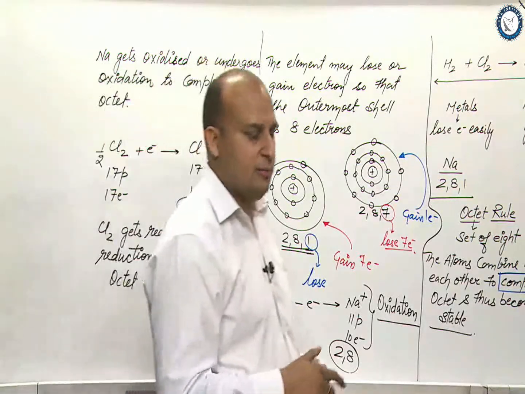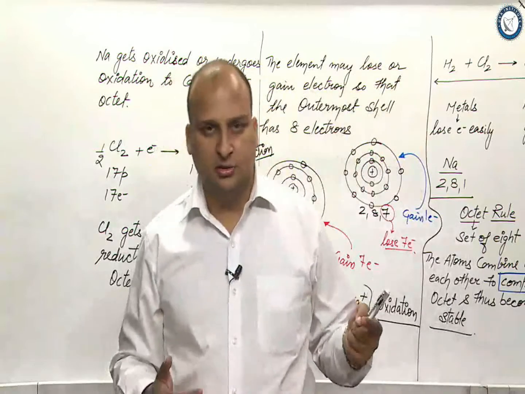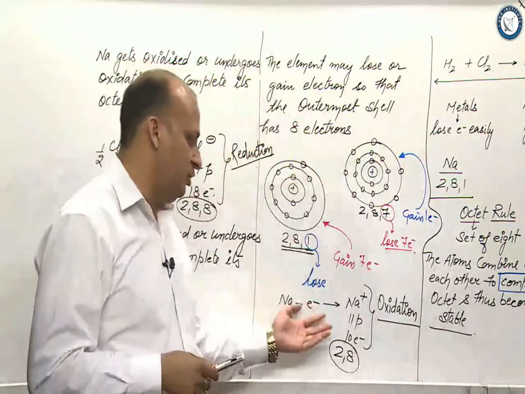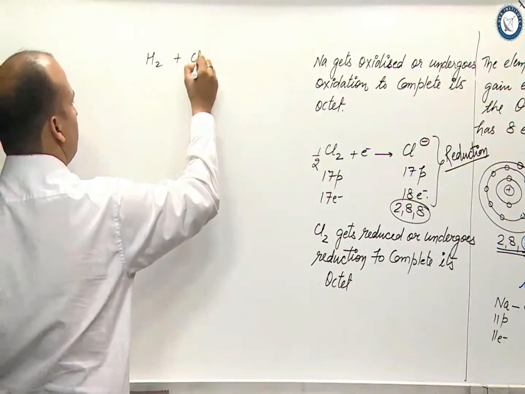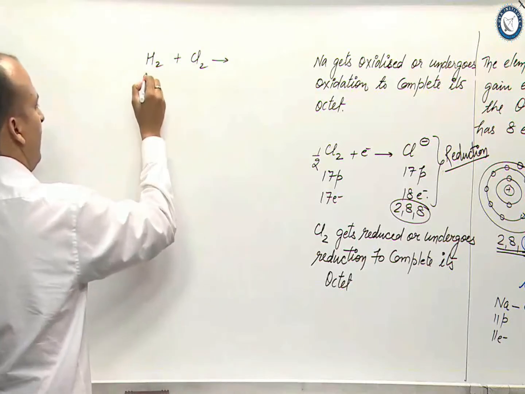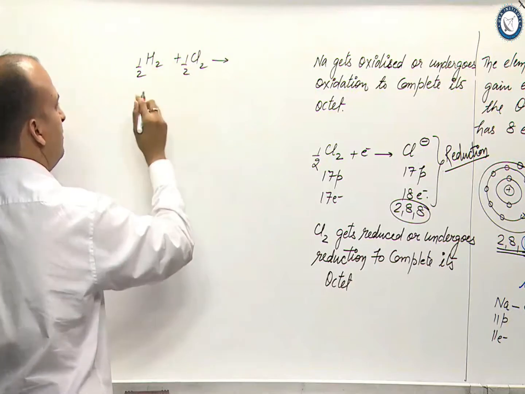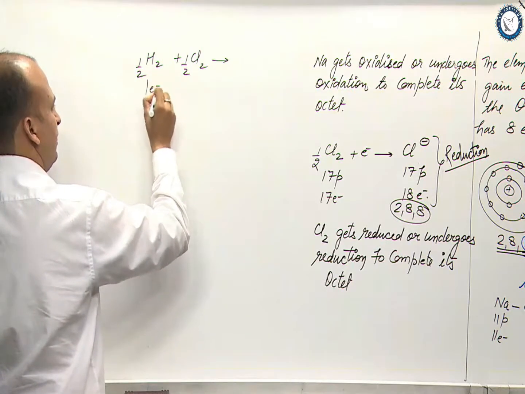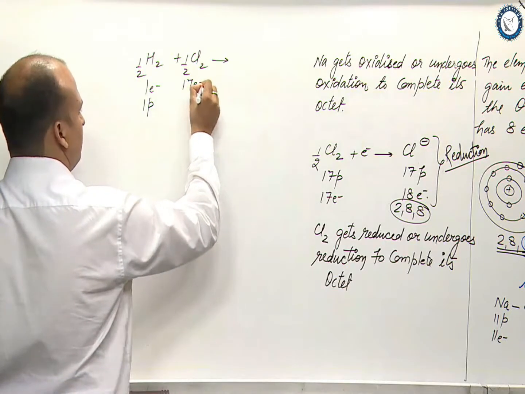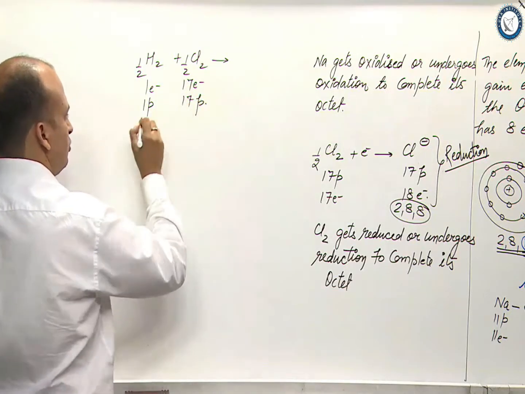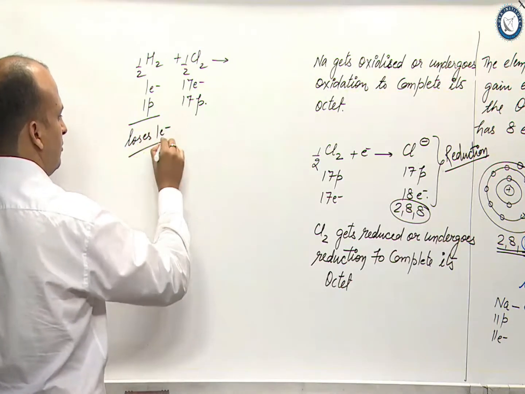So while you are talking about oxidation and reduction, you are talking about basically loss of electron or gain of electron. Now see what is happening with hydrogen and chlorine. See, hydrogen, let's take half mole, so now it is 1 atom and 1 atom. Now there is 1 electron and 1 proton. There are 17 electrons and 17 protons in chlorine. Now this loses 1 electron.